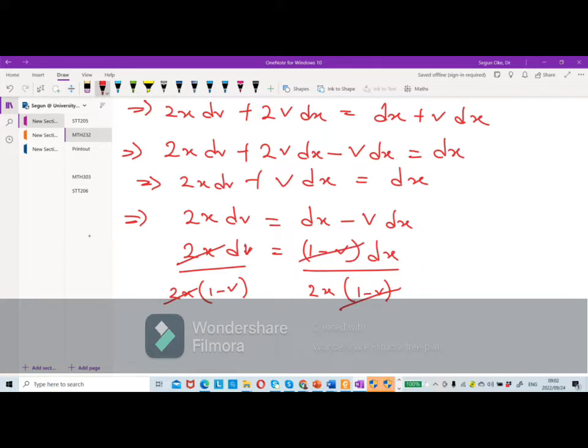It will remain x, it will remain v, the other side. So which implies that I have 1 over 1 minus v dv equals 1 over 2x dx.